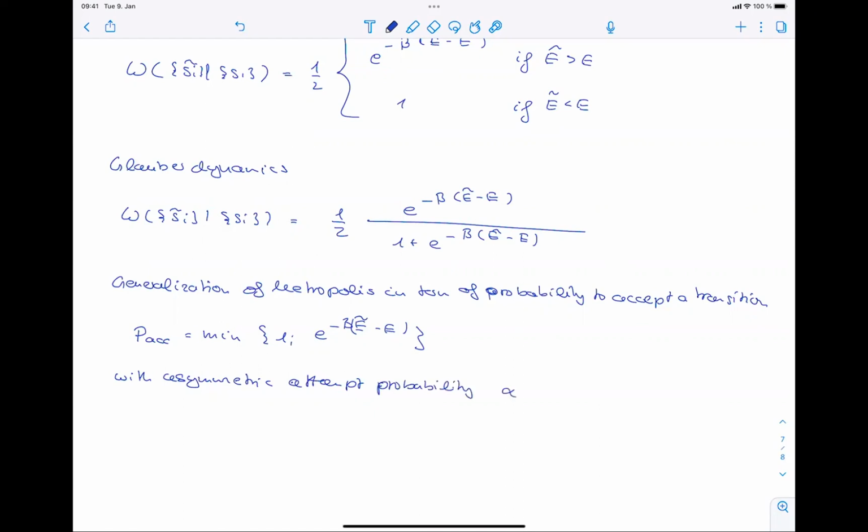Say, which I determine here alpha, if the attempt probability to go from S to tilde is different from going from tilde to S, then I could also modify this to be 1 if it's lower energy, but here I would have these attempt probabilities taken into account.